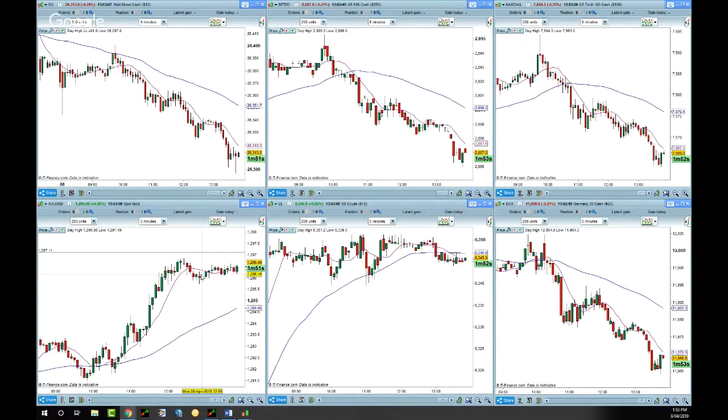I'll be watching this, and then as soon as we do get a breakout bar, guess what? I've got 5 minutes to double check everything before I go and place a trade.